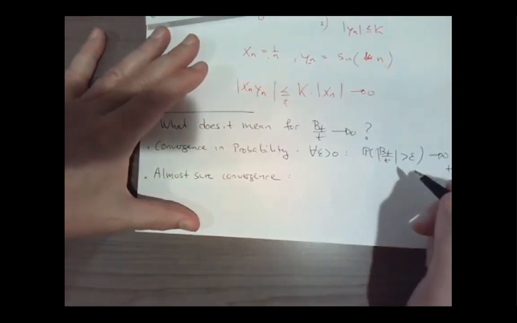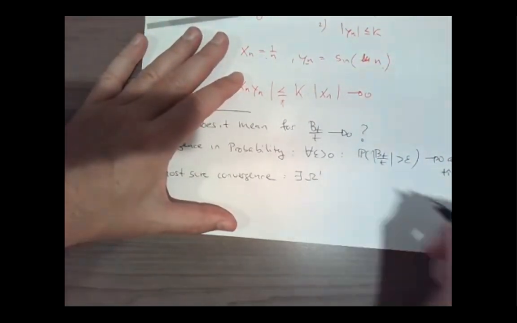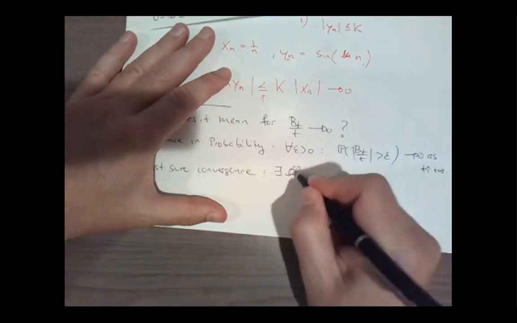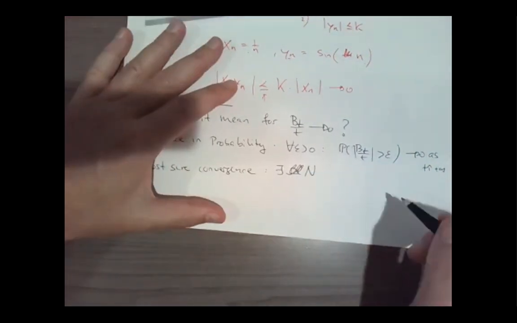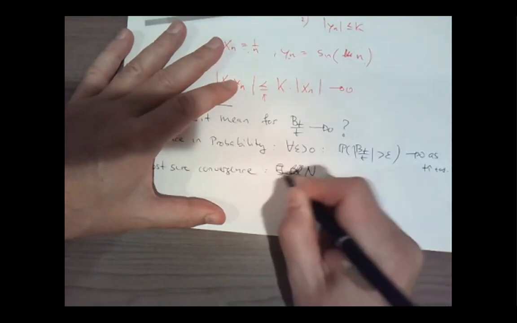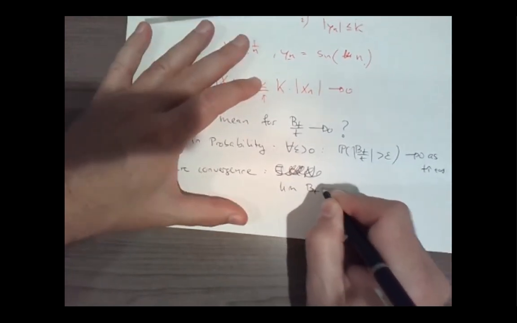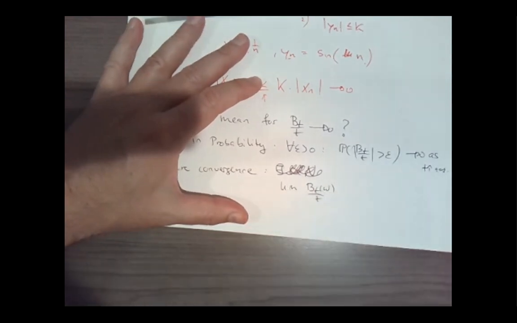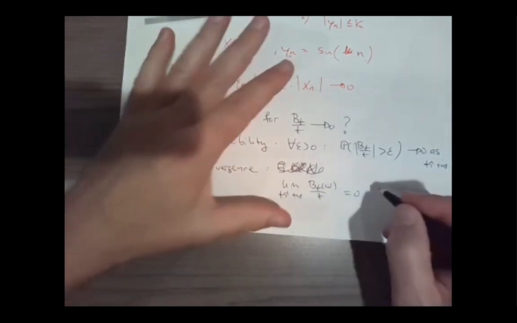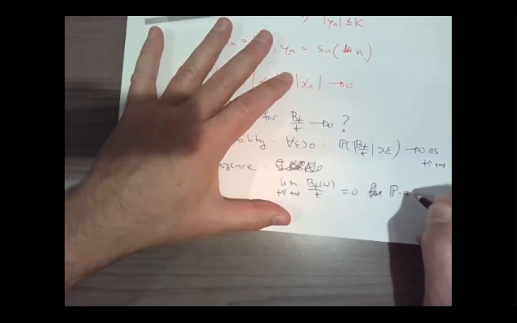This says that there exists a set N, so let me write it: the limit of B_t of omega over t, as t goes to plus infinity, is equal to 0 P-almost surely.